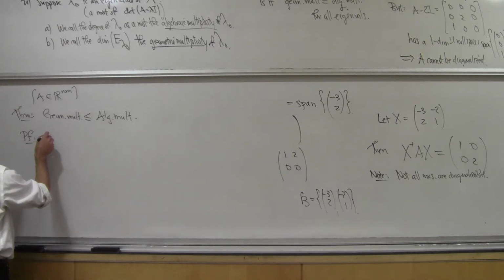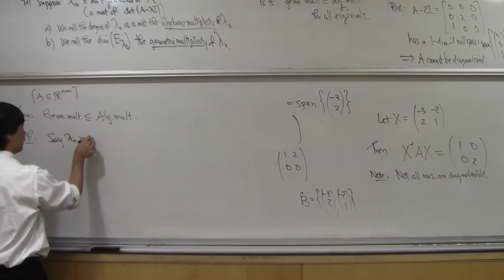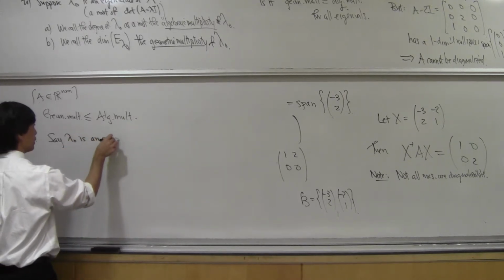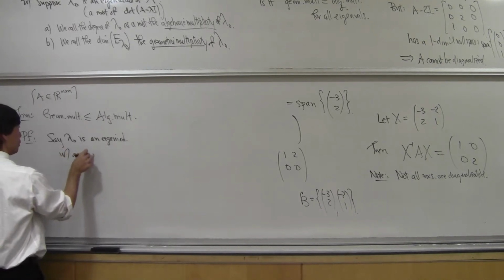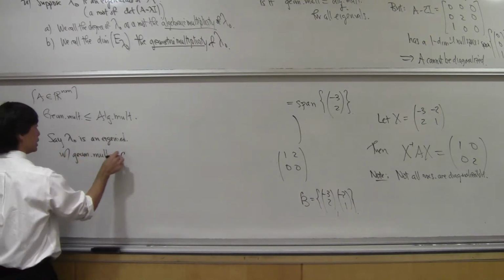Let's say that lambda naught is an eigenvalue with geometric multiplicity d.